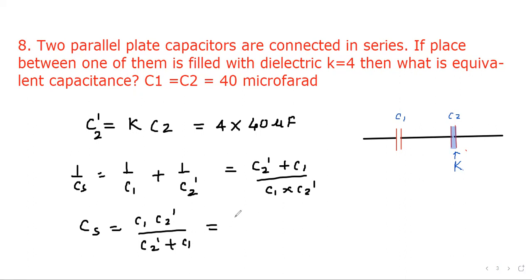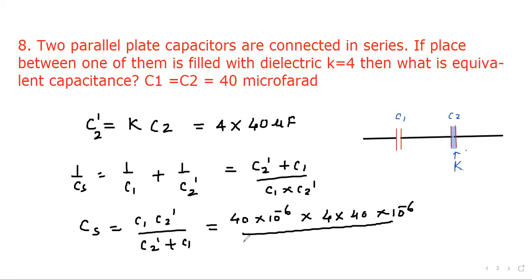So C1 is 40 microfarad, 10 to the power minus 6, into C2 dash, which is 4 into 40 into 10 to the power minus 6 farad, divided by 4 into 40 into 10 to the power minus 6 plus another one, which is 40 into 10 to the power minus 6.